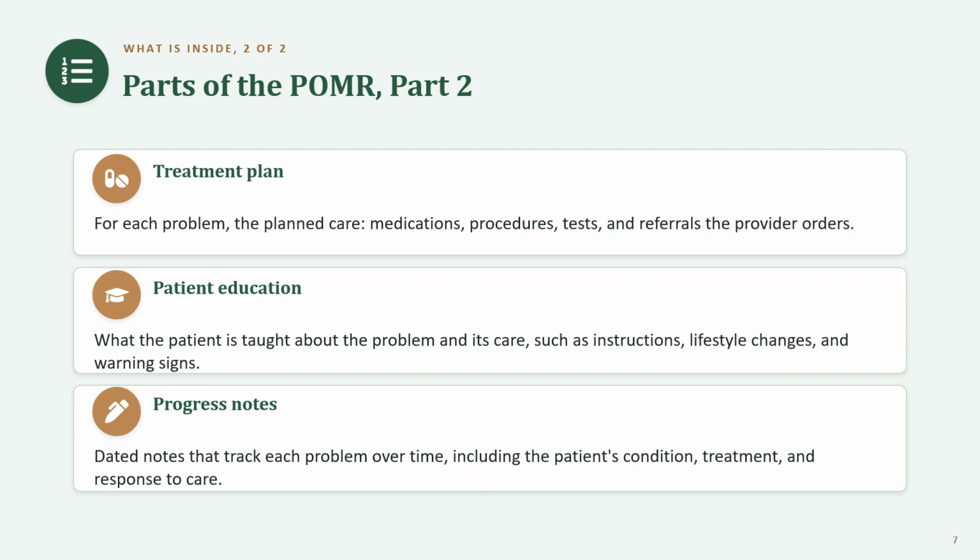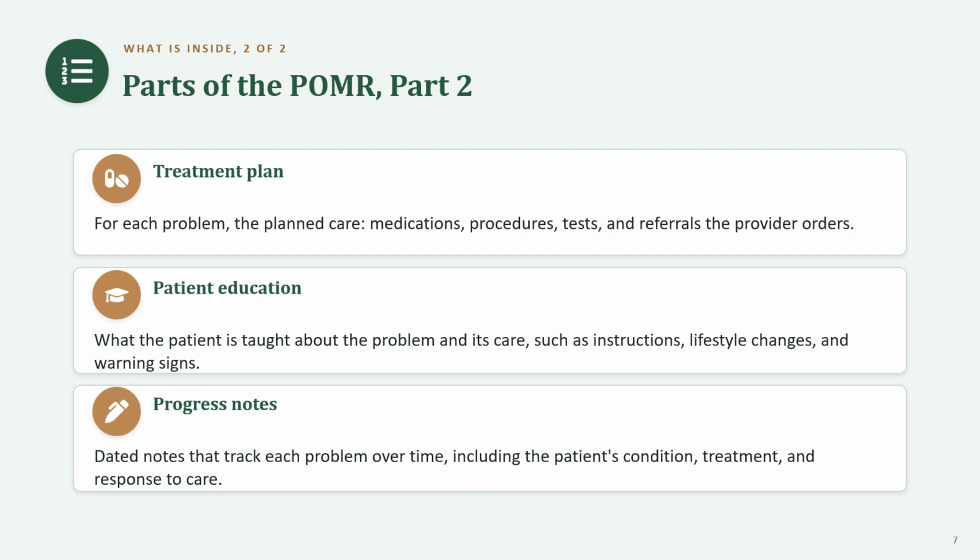Here are the remaining parts of the problem-oriented record, the parts that turn a diagnosis into action. First is the treatment plan. For each problem, this is the planned care, the medications, procedures, tests, and referrals the provider orders to manage that specific problem. Second is patient education.